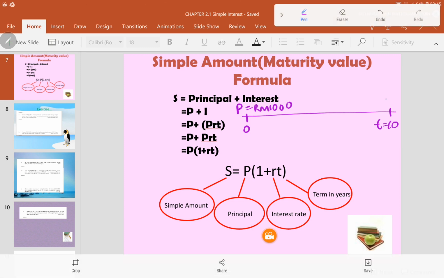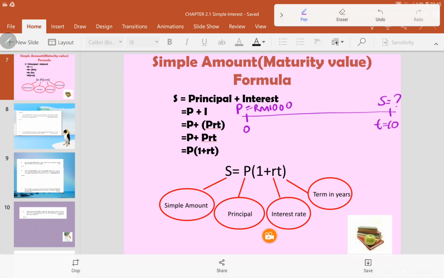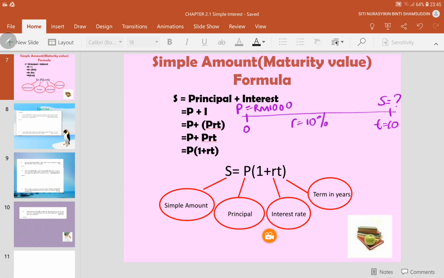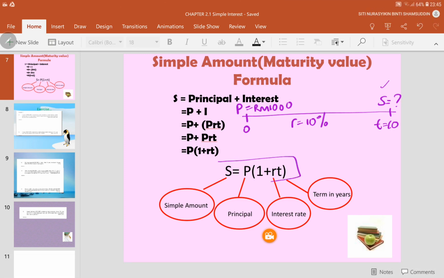After 10 years, you want to know how much you will receive, or how much you have in your account if the bank offers you a simple interest rate of 10%. Always remember, maturity value or simple amount S is always on your right side, and the principal amount or the present value is on your left side. So the formula is S equal to P times 1 plus RT.